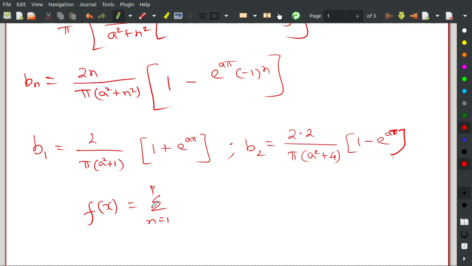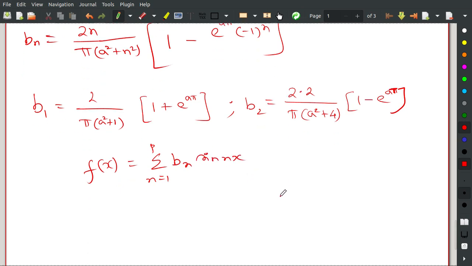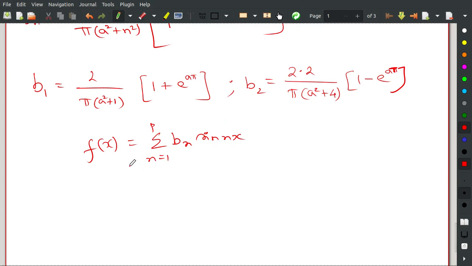So this is a half range sine series, so we have bn sine nx, right? So this is our half range series. So instead of f of x we have e power ax, and we can write this as b1. So, just substituting b1 and b2 in this series.